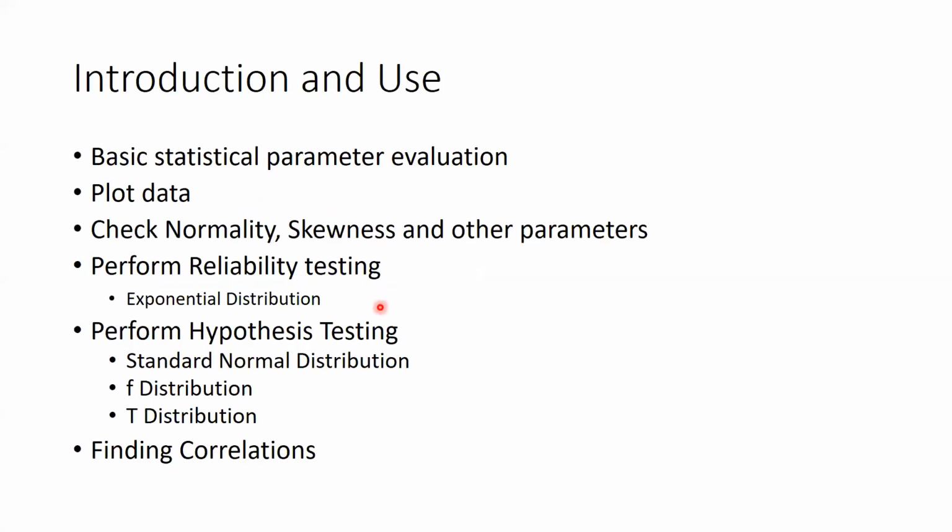So the first basic thing is we can get the values of all the statistical parameters such as mean, median, mode, quartile ranges, and so many different things like standard deviation, variance, etc. Then the second thing is we can plot the data. So we can have density plots, probability distribution plots, and all different kinds of plots which are available to infer from.